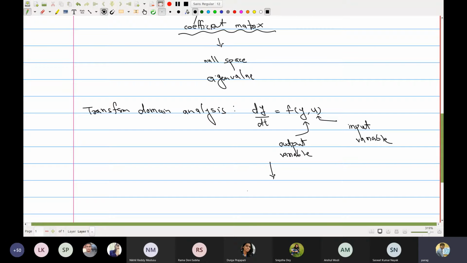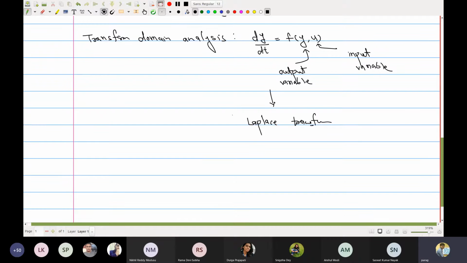And then what do you do? You take Laplace transform on both the sides, and you come up with what is called G of s, the transfer function of the system, and then you know that G of s is y bar of s divided by u bar of s.